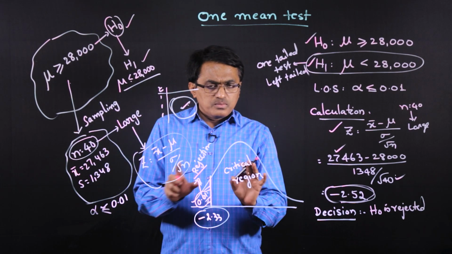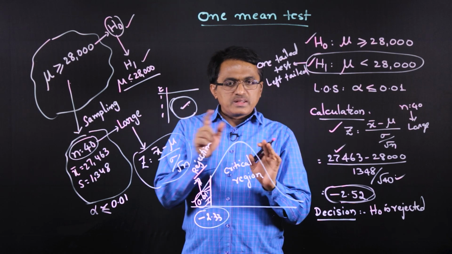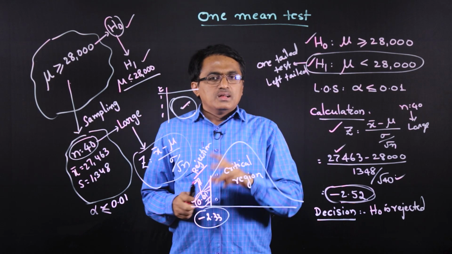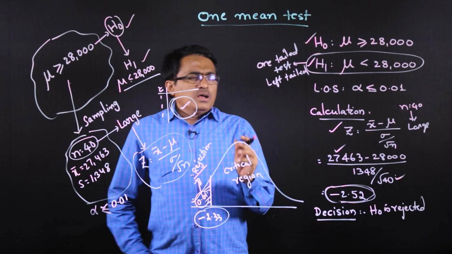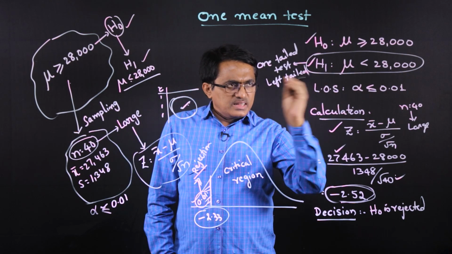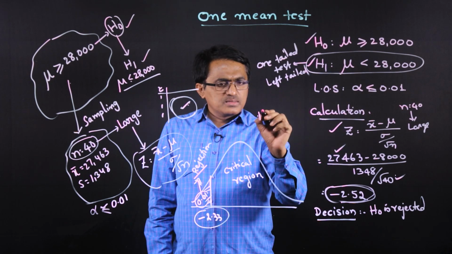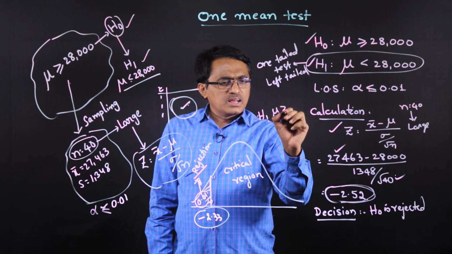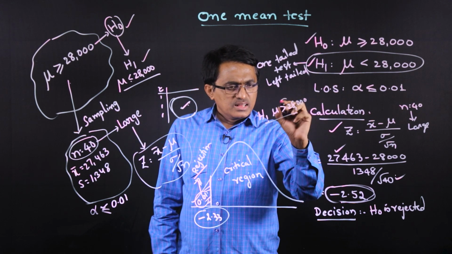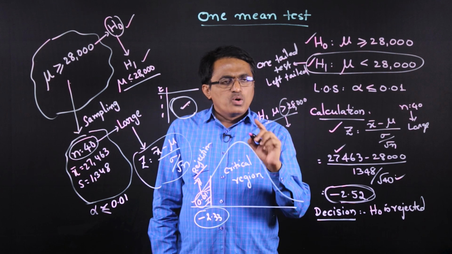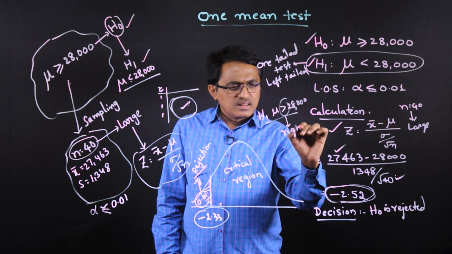So this is how we have to do a problem related to testing of hypothesis, where the hypothesis is related to the mean of the population. And we can continue the discussion here itself, where suppose H1 is mu greater than, suppose for this problem it is like this, where mu is greater than, then also we say this is a one tail test, but in this case it is a right tail test.